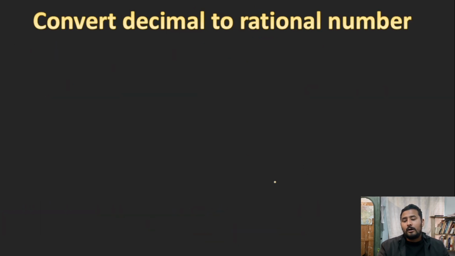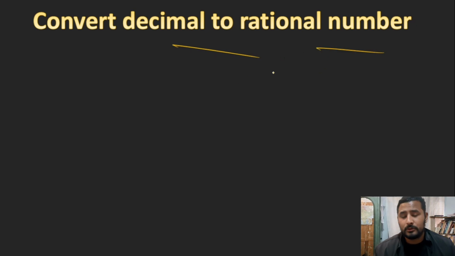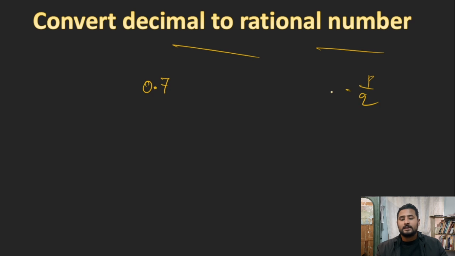So let us see now how to convert decimal to rational numbers. Very important. Now when you have a decimal number, say 0.7, if you have to convert it in the form of P by Q, how will you do it? Listen, 0.7 can be written as 7 by 10. How? Always remember one thing. What you have to notice first is, after the decimal point, how many digits are towards the right-hand side of this decimal?